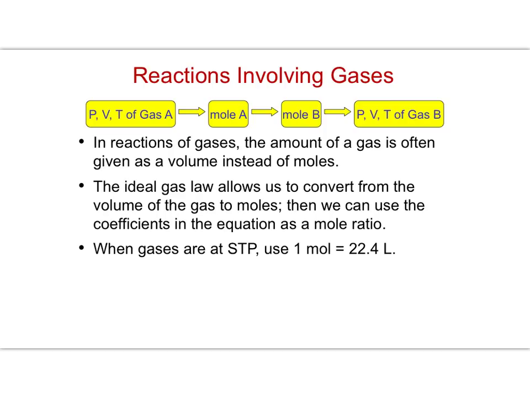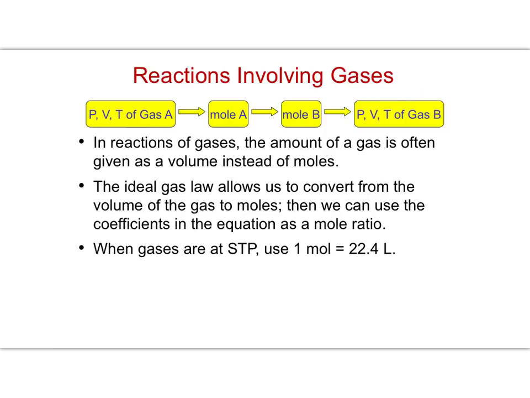This workflow up above should be pretty familiar to you by now in a general sense, where you are usually given some amount of some chemical in grams, convert it to moles, then you convert it to moles of another chemical using a balanced chemical equation, the molar coefficients from it, and then you convert moles to grams.